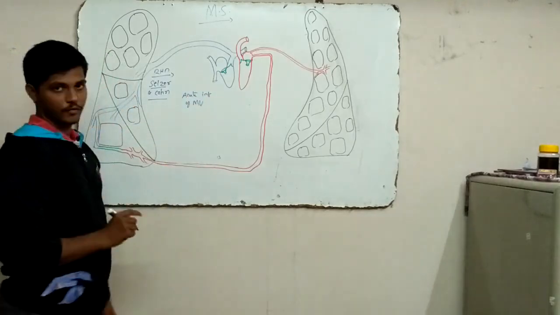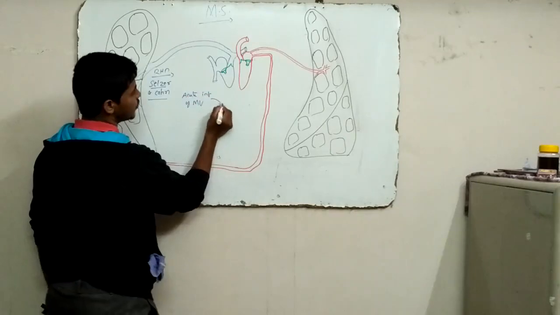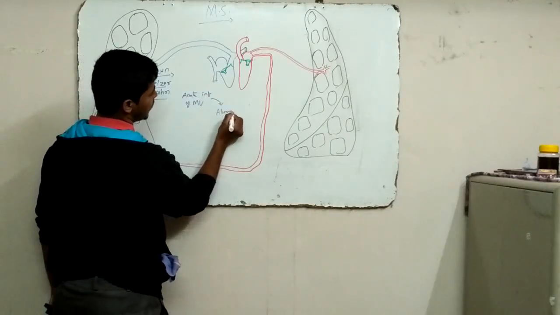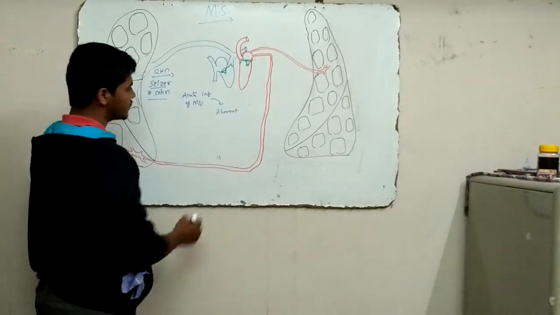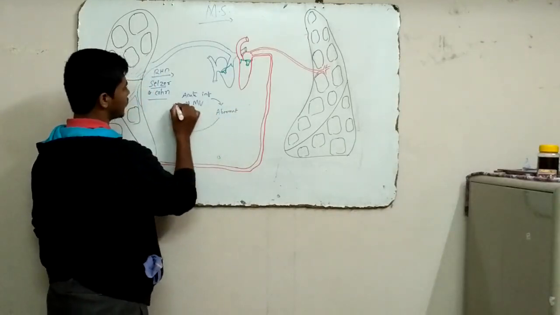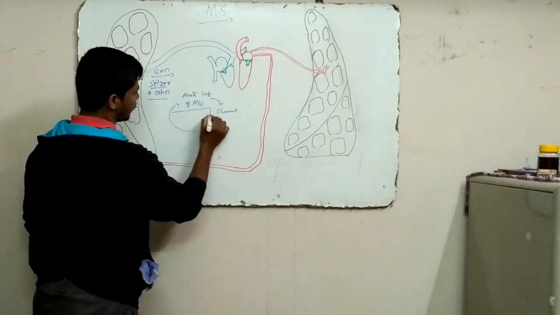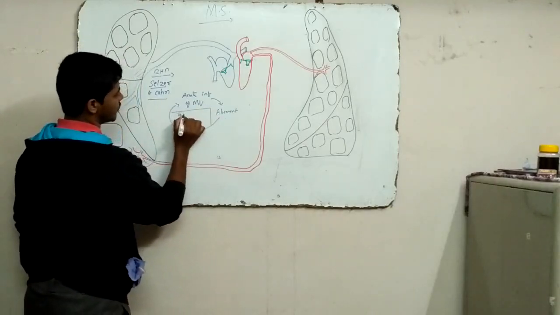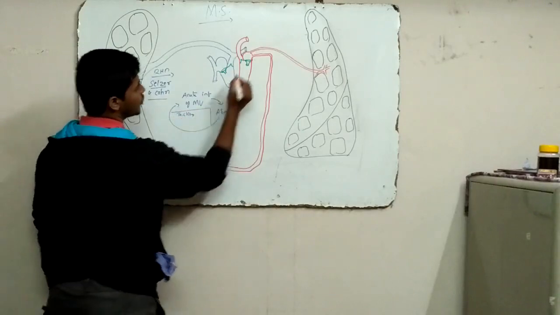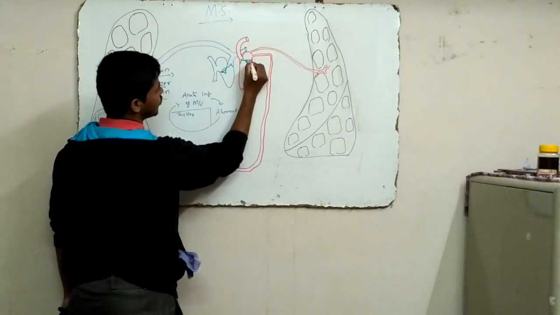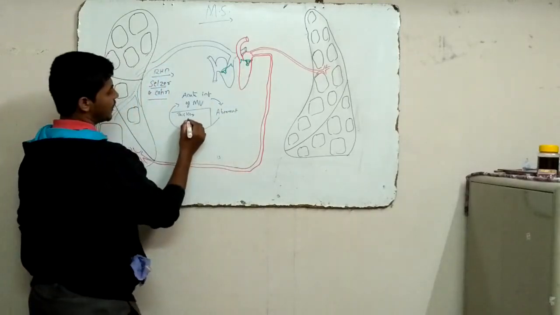That produces aberrant, altered blood flow across the mitral valve. This causes damage and again produces inflammation of the mitral valve. When this continues for a chronic period of time, there is thickening of the mitral valve leaflets. Because the leaflets get thickened, the effective mitral orifice area is reduced, and that leads to mitral stenosis.